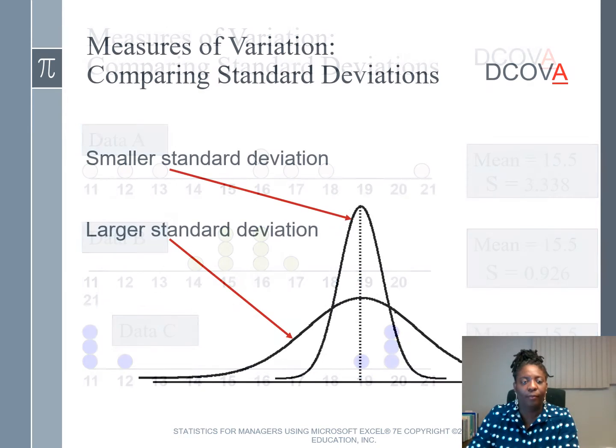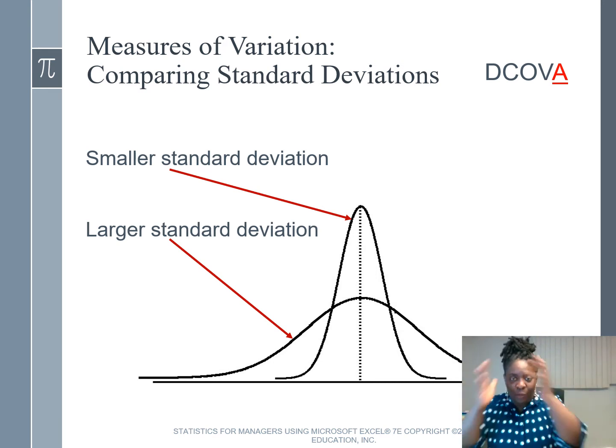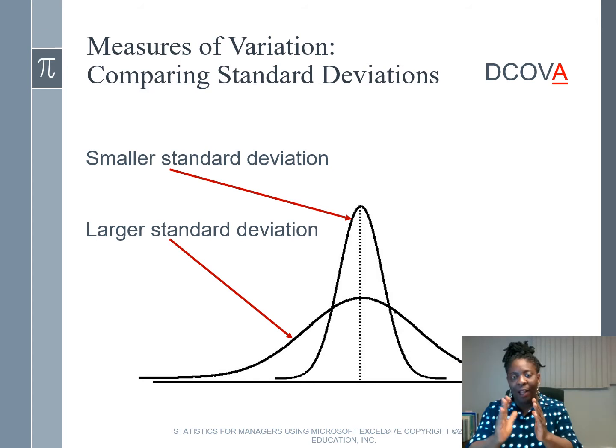So again, smaller is better. And we're going back to the picture I showed you a while back with a sample that is wide and one that is small. The small and tall one has a smaller standard deviation than the larger one.